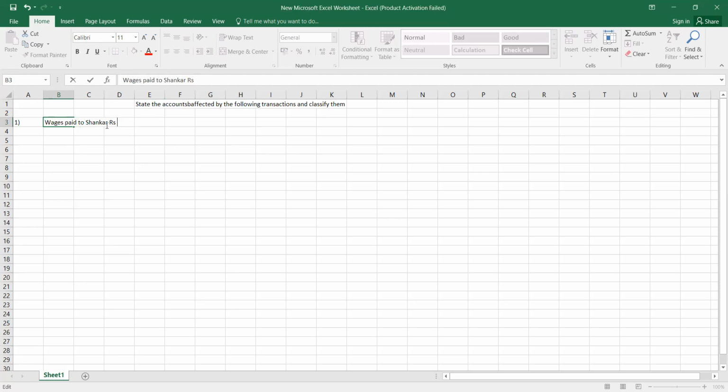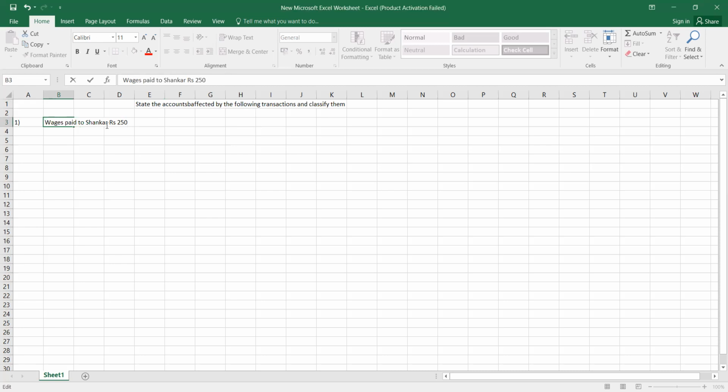Okay, so we have to record these transactions, but as per the accounting rules, we need to classify these accounts. First, we need to identify what accounts are involved, and then we need to classify.